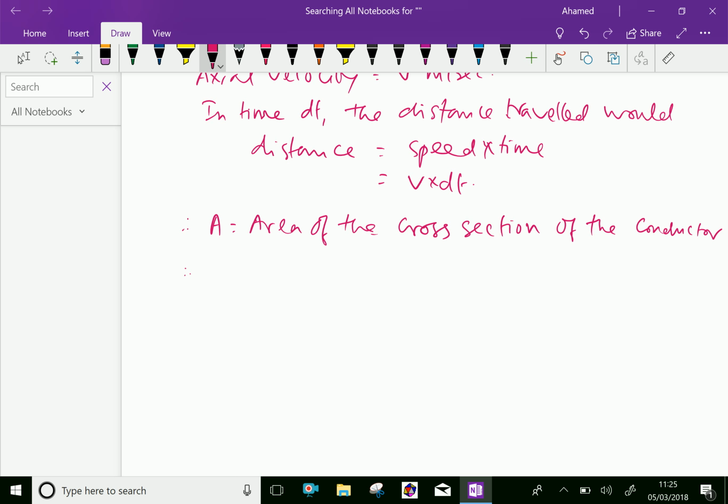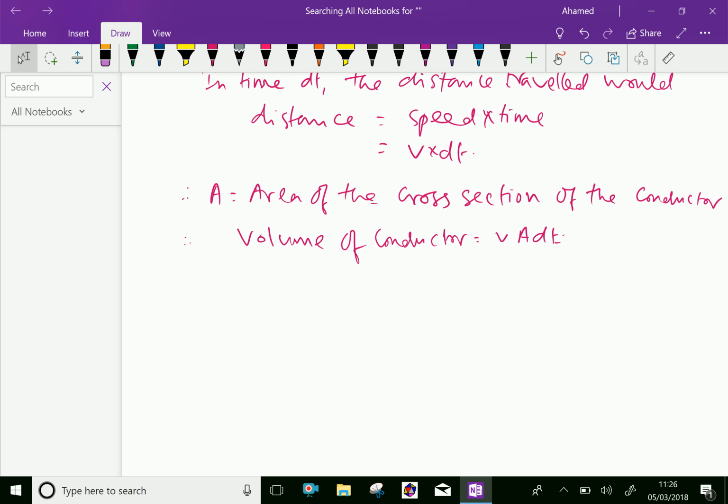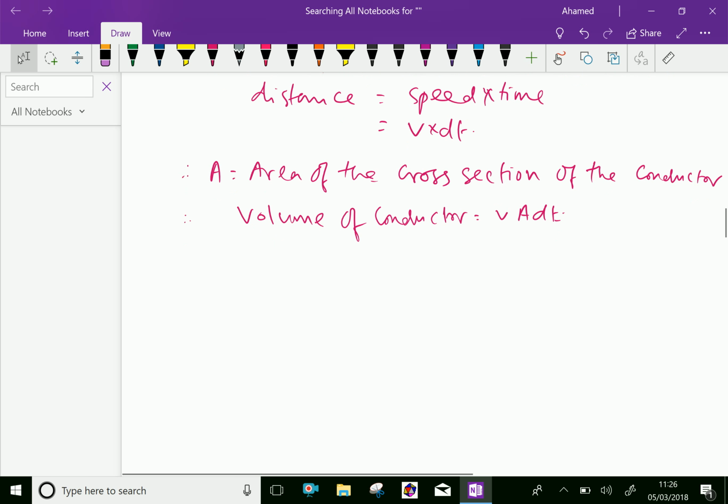Now we can say the volume of the conductor equals distance v dt and area A, therefore v A dt. Suppose all these electrons will cross the conductor cross section in time dt.